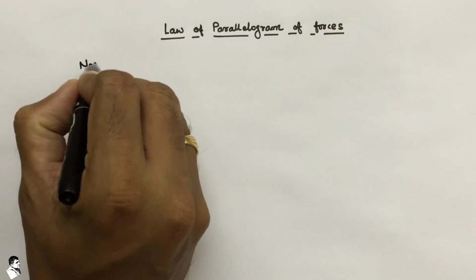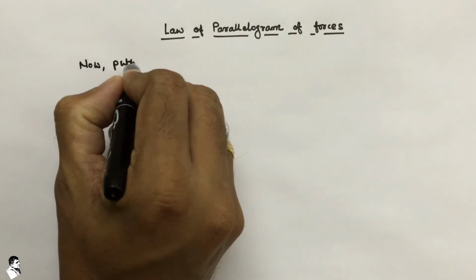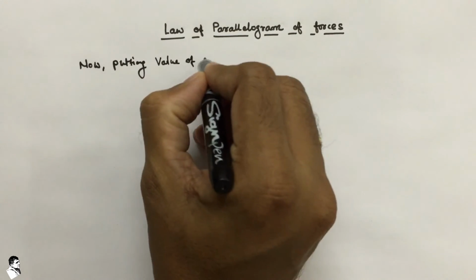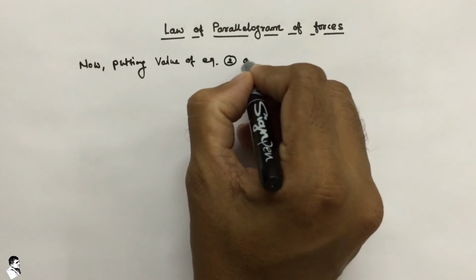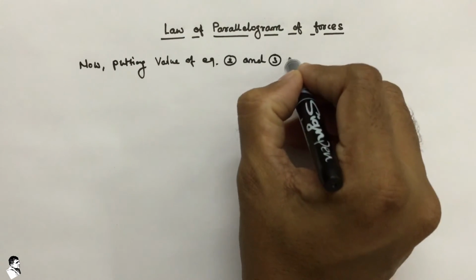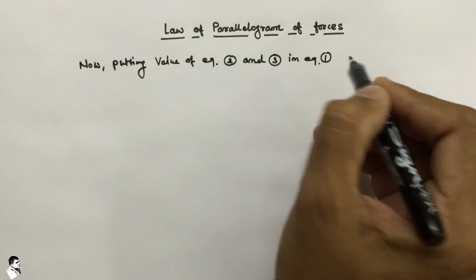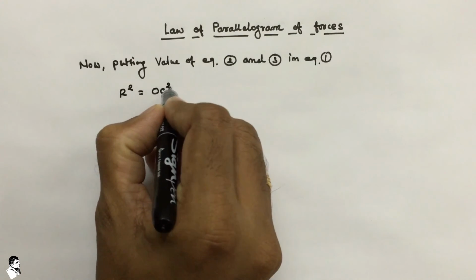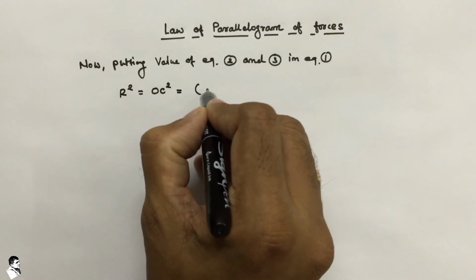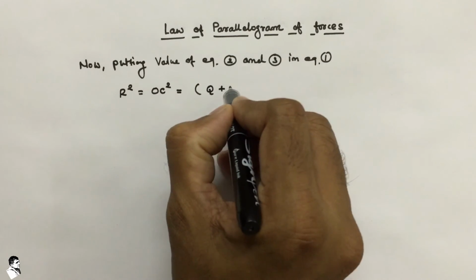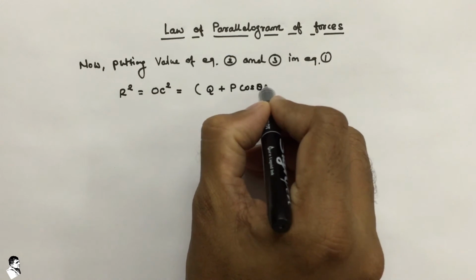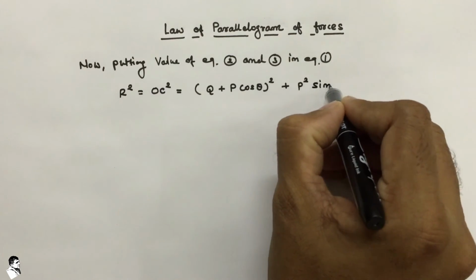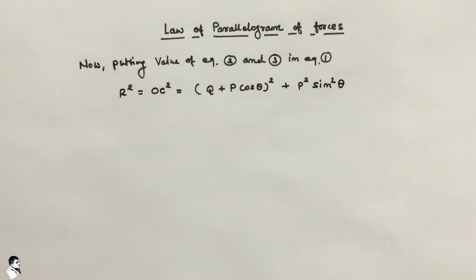Now putting the value of equation 2 and 3 in equation 1, R square is equal to OC square, which equals, in bracket, Q plus P cos theta, square, plus P square sin square theta.